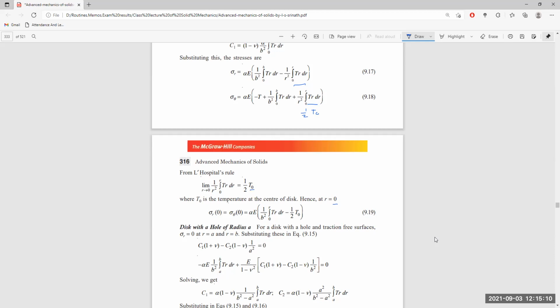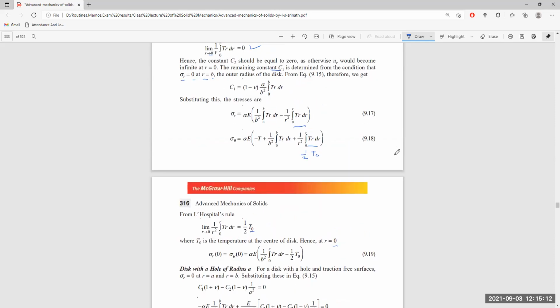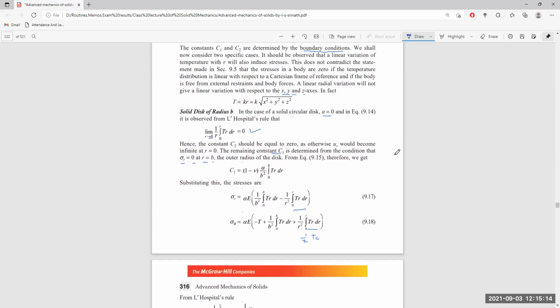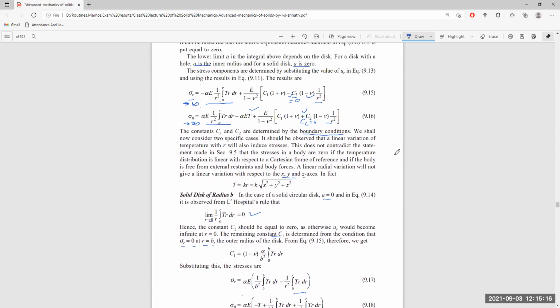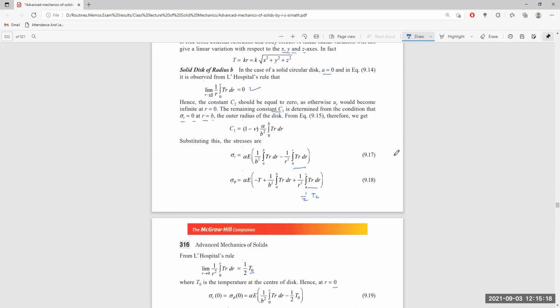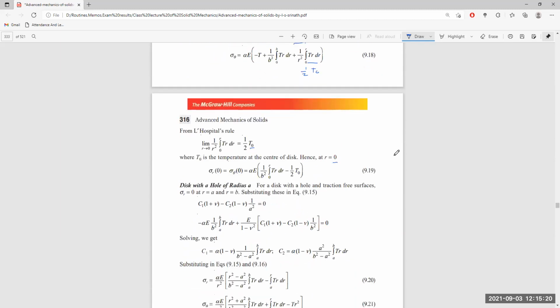So if we put this value in the equation itself, as in the case of equation 9.15, where sigma r is equal to 0 at A and B, we get the equation between C1 and C2: C1 into 1 plus gamma minus C2 into 1 minus gamma into 1 by B square is equal to 0. Now the equation will take this particular form, putting C1 and C2 like this.